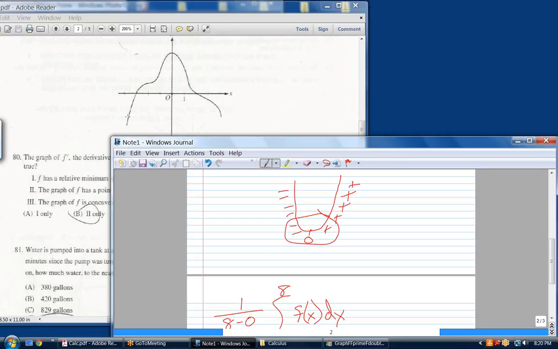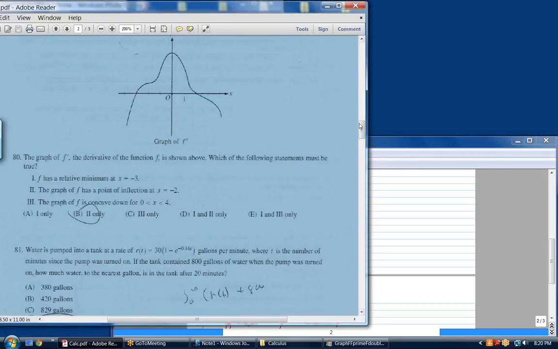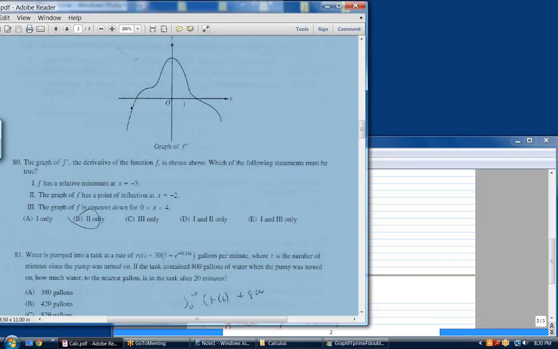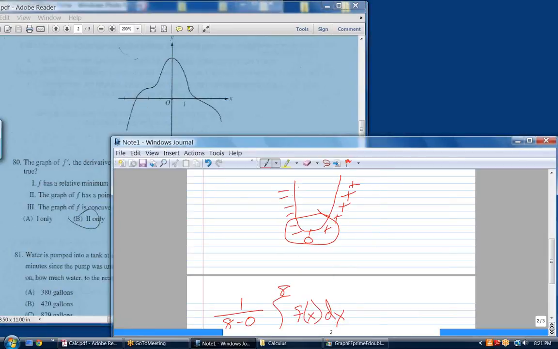The slope goes from negative to positive on the other side of that 0 point. That's what we need it to do. We need the slopes to go from negative to positive for it to be a relative minimum. If the slopes are going from positive to negative, then it's going to be a relative maximum.